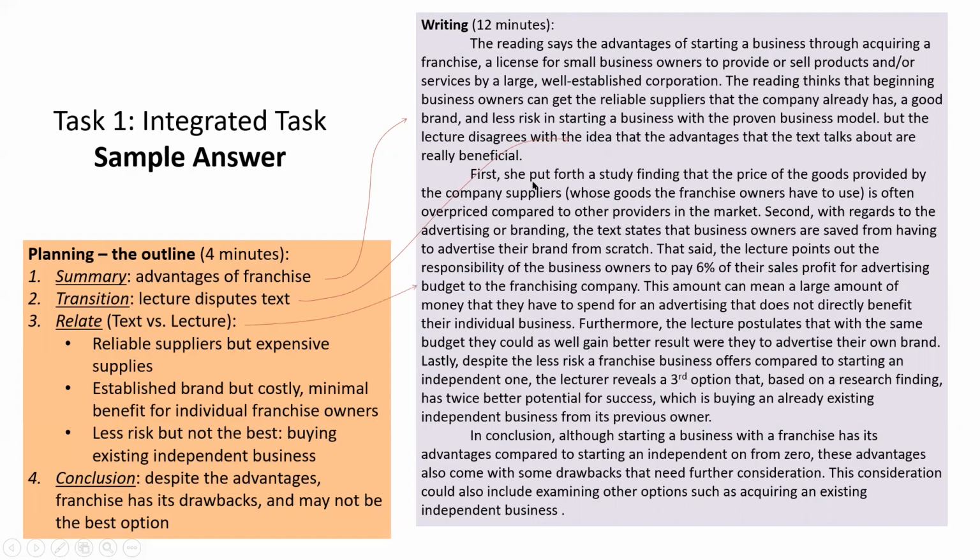And then the body of the essay that relates the ideas from the text and the lecture, and the last paragraph with the conclusion. Now, feel free to pause the video and study the example of the essay in its connection to the outline especially.